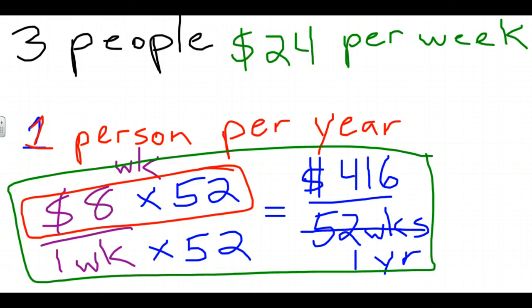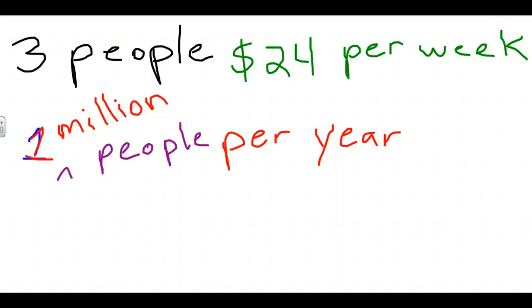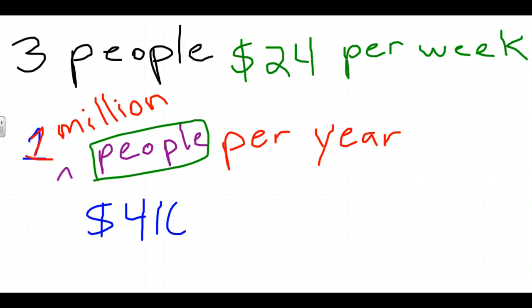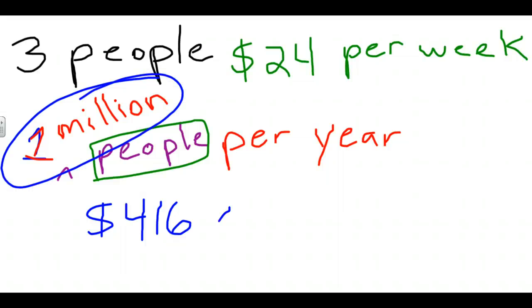Now that we know the cost of 1 person per year, we can start with 1,000,000 people per year. 1 person spends $416 for a year. If each person spends $416, we can just multiply that by 1,000,000.